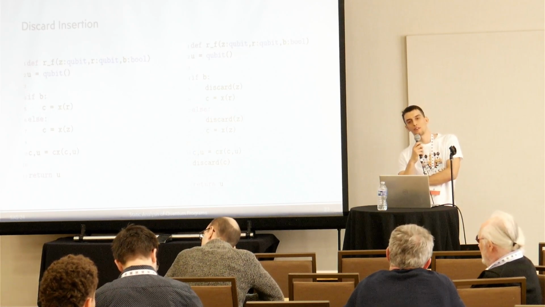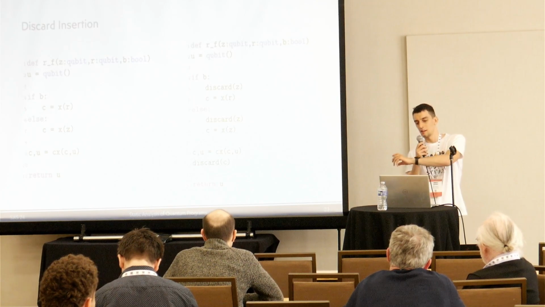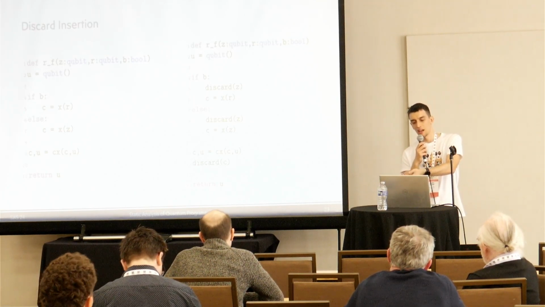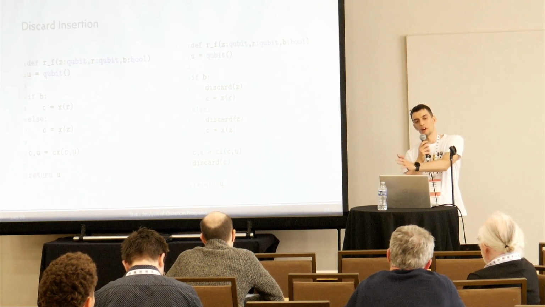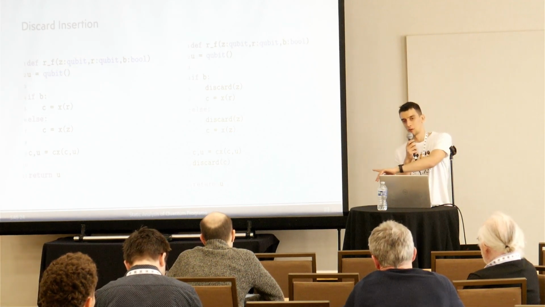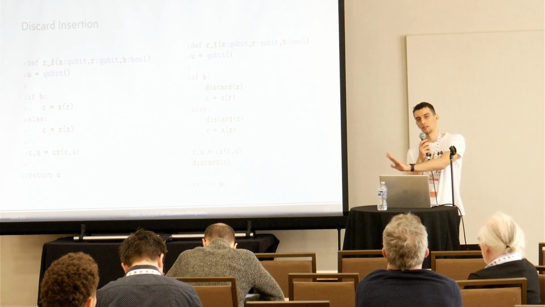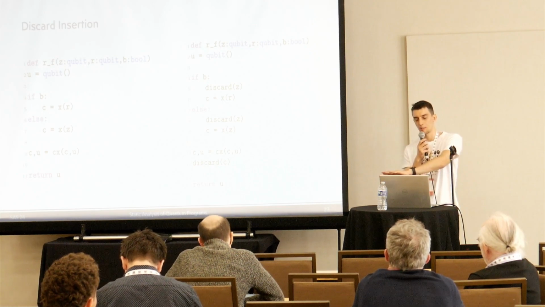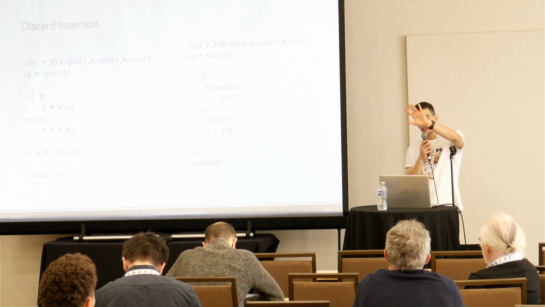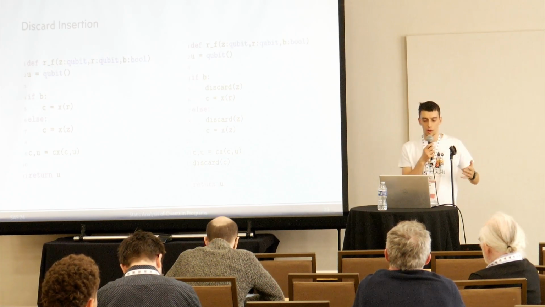Okay, and also the fact that the implicit discard happens is something that is related to the classical part of the quantum program. So from this point of view, we actually don't care about the quantum semantics, because basically the program is a classical program or a probabilistic program.